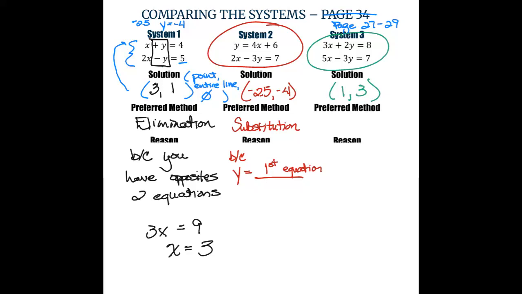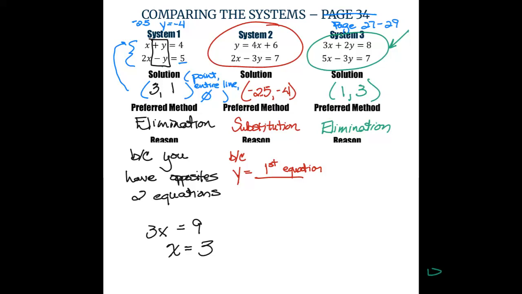What kind of preferred method would you try to solve those two with? Do you think it would be easy to graph these? No. How about substitution? No, because there's no y equals or x equals. Probably elimination again. Now, you'd have to do a little bit of multiplication because you don't have any opposites.